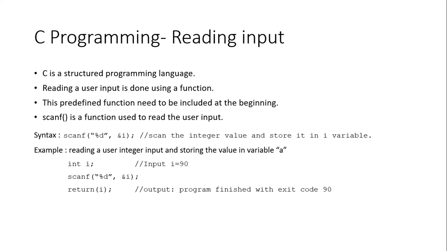We know we're going to read data which is an integer, so we use %d, and then we put the ampersand sign and mention i. That means whenever you scan data, it is read and stored inside this particular variable i. This is how we read data in a C program.